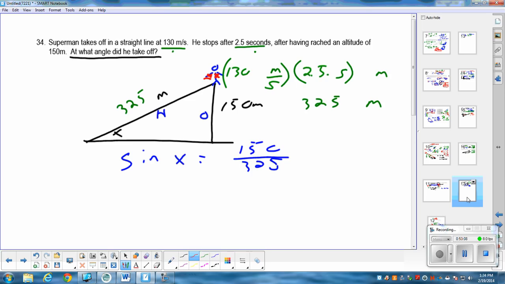We're going to inverse sine both sides. Type that expression into our calculator. And we are left with an angle of takeoff of approximately 27.5, 27.48 rounds up.